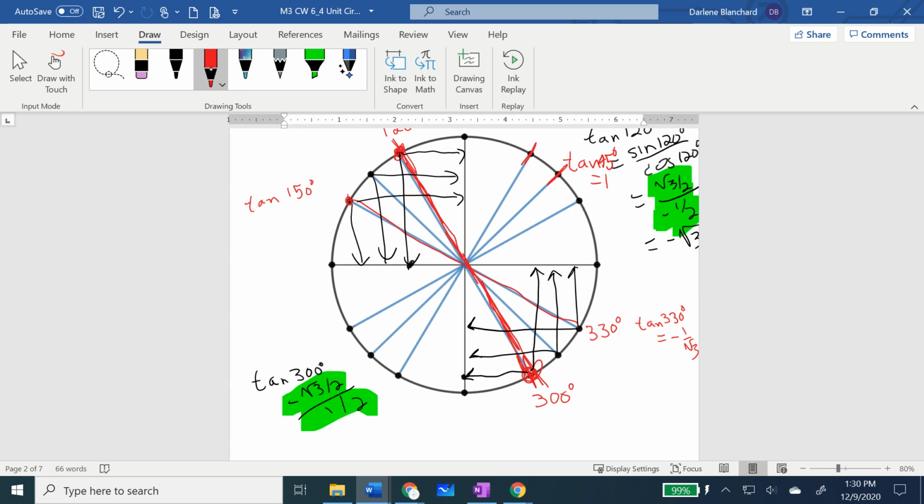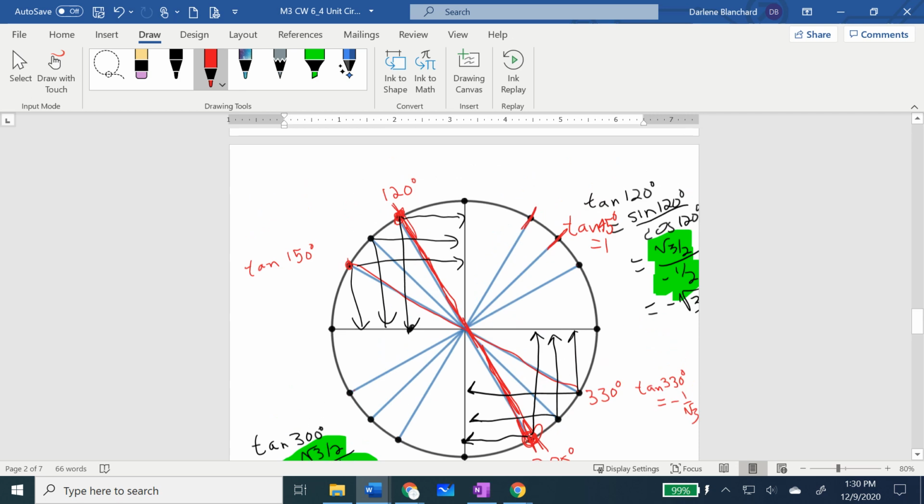If I look at 60 degrees, that line is steeper. Will a steeper line have a larger slope or a smaller slope?